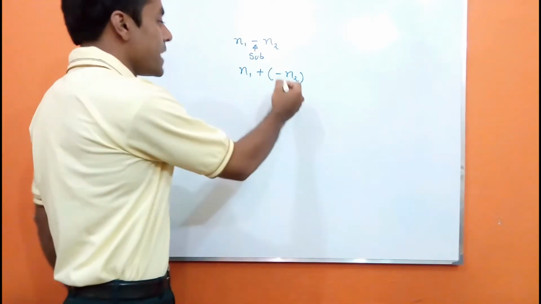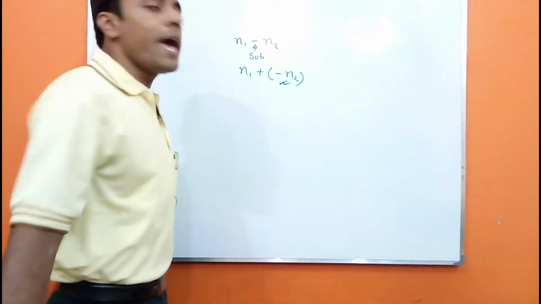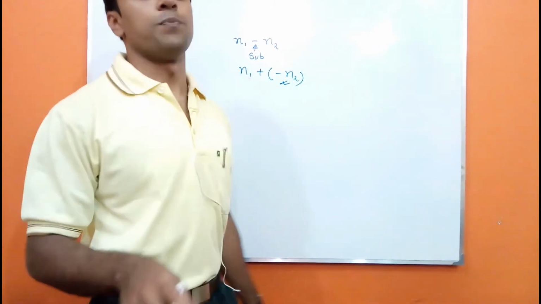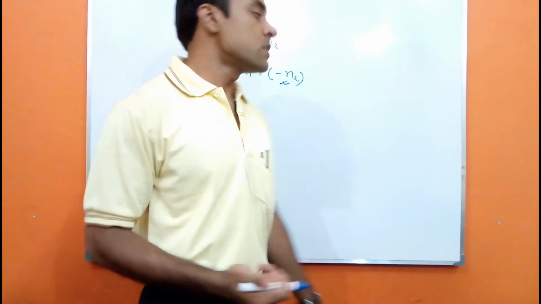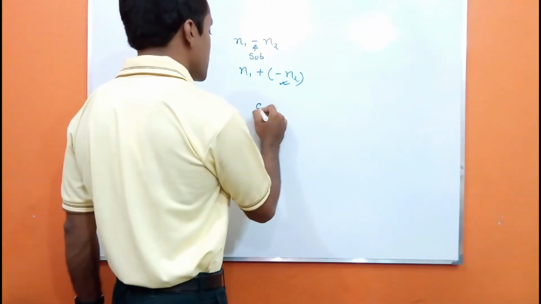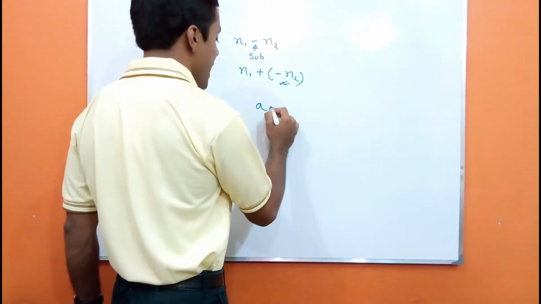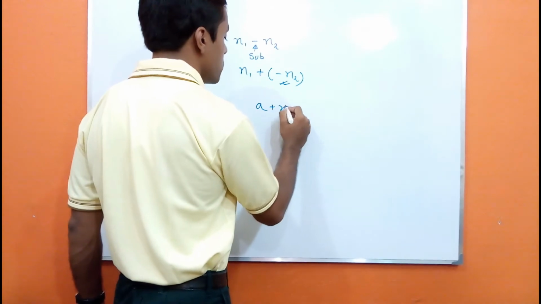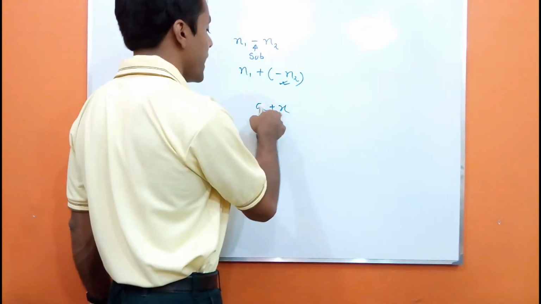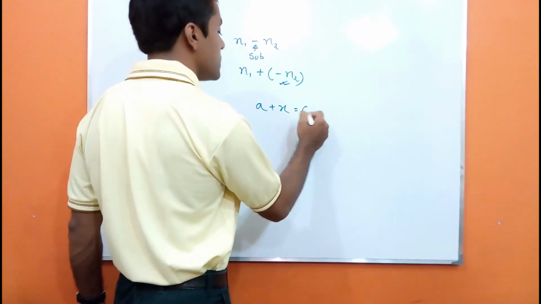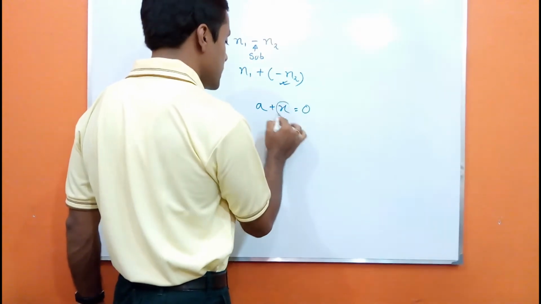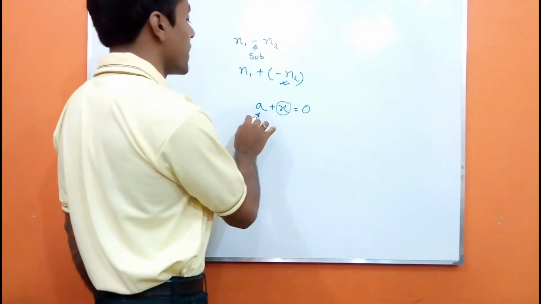Now this minus n2 is called the additive inverse of n2. What do you mean by additive inverse? Suppose a is a number, and I add x to it, and if I get 0, then x is called the additive inverse of a and vice versa.